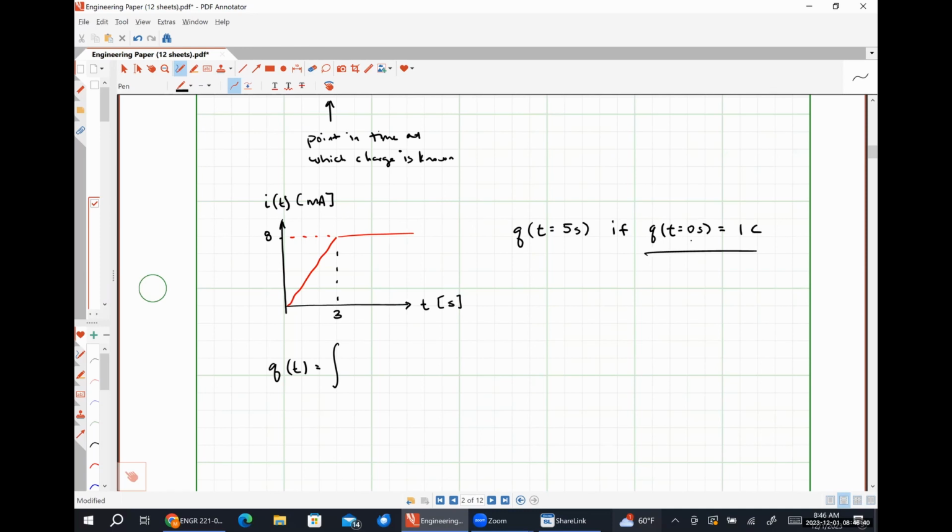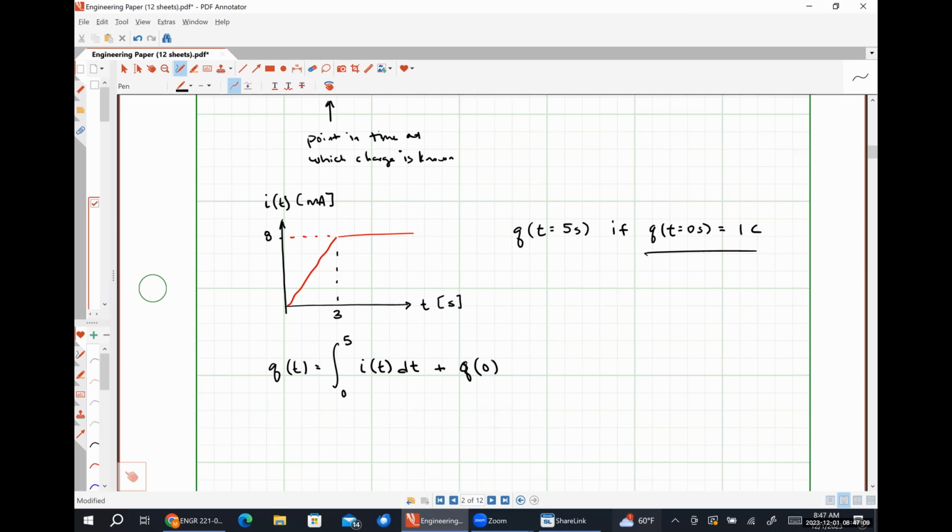The charge at t is equal to 0 seconds was 1 coulomb. So that's our t naught. Okay. So we're going to integrate from 0 seconds out to 5 seconds. We're going to be integrating our current, and then we're going to add to that Q at 0, which happened to be 1 coulomb, right?